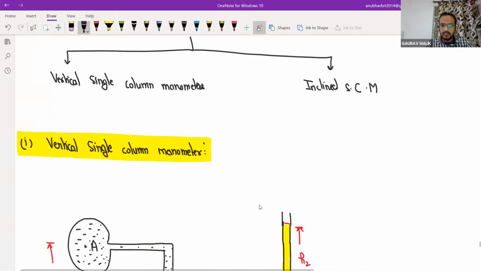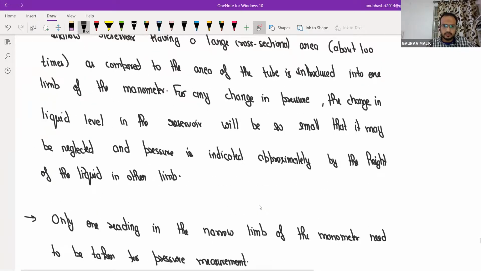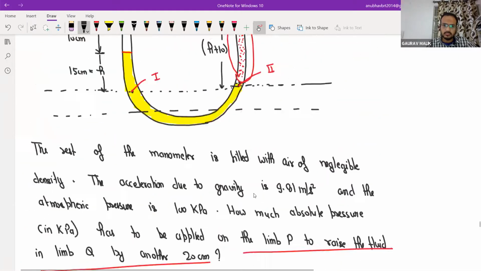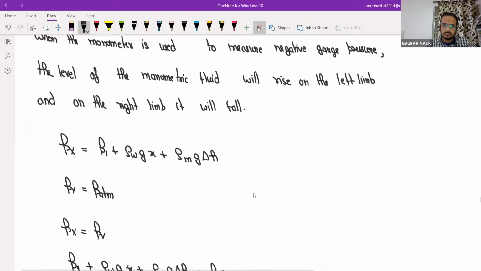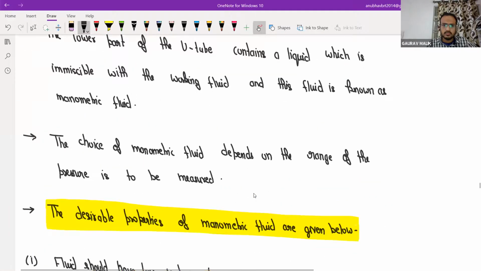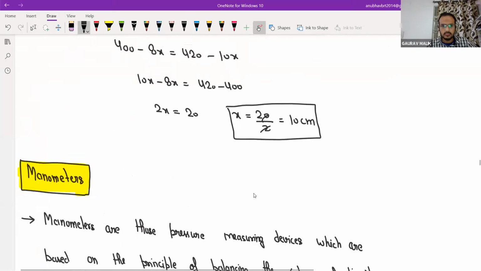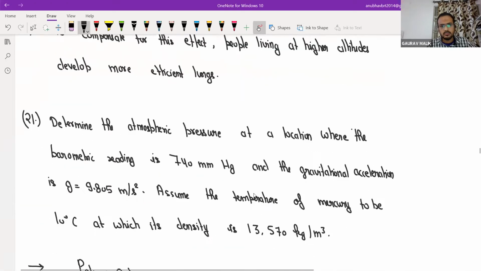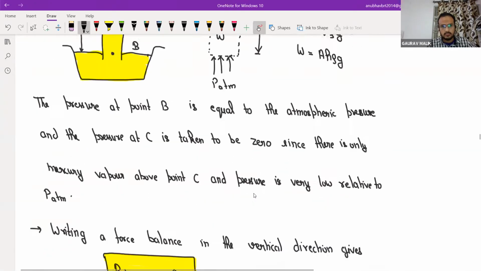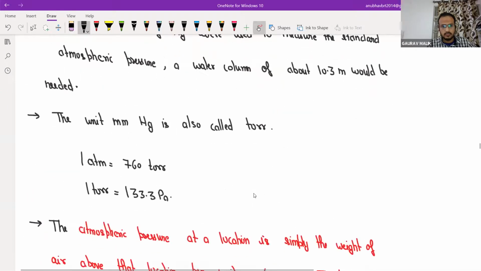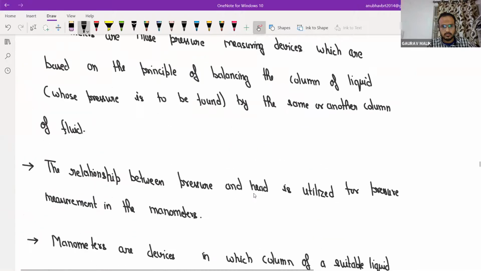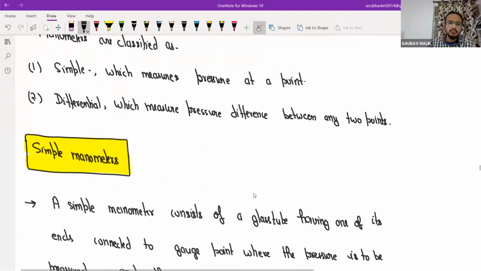Now up to this point we have covered the simple manometers: piezometer, U-tube manometer, and single column manometer.